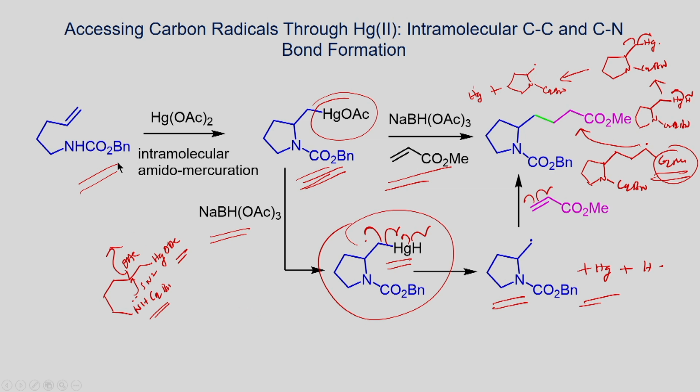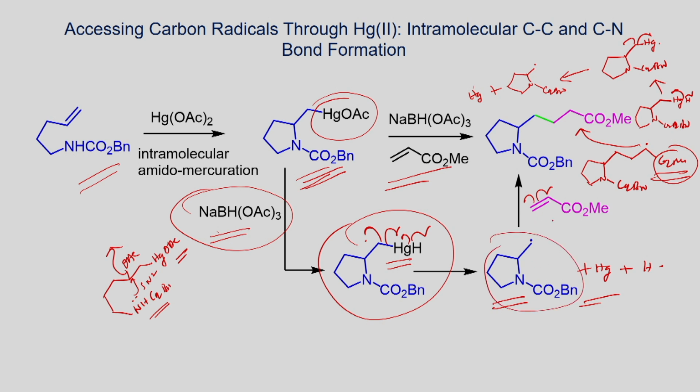So, in this way, if we have, for example, an alkene which has this amino substituent, it can be readily reacted with mercury acetate to give this tetrahydropyrrolidine derivative. Once you form this one, when you react with sodium borohydride salt, it can convert into this radical.